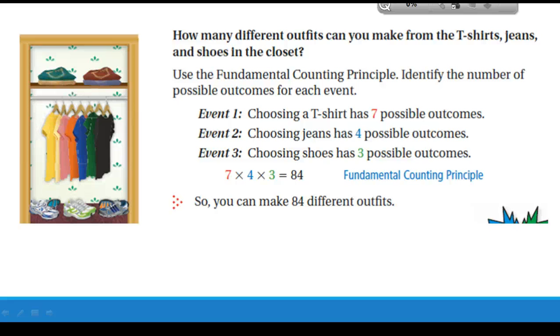How many different outfits can you make from the t-shirt, jeans, and shoes in the closet?